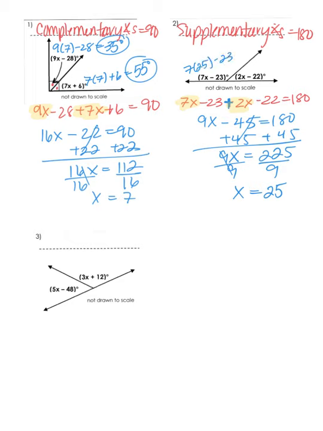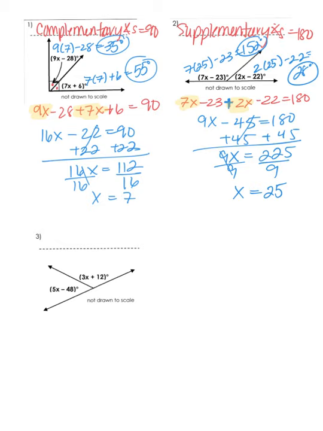So 7 times 25 gives me 175 minus 23 gives me 152 degrees. The other one is 2 times 25 minus 22. So 2 times 25 is 50 minus 22 gives me 28 degrees. Add 28 degrees and 152 and you get 180 degrees.